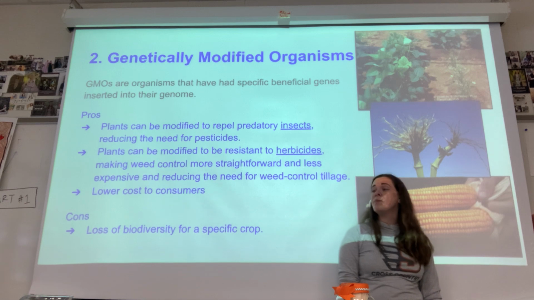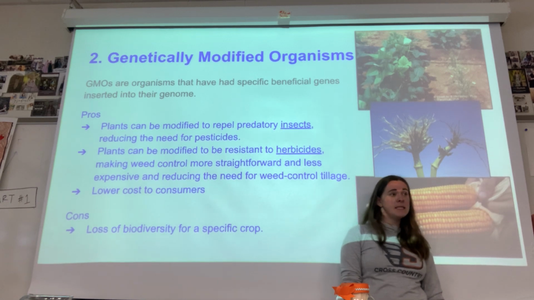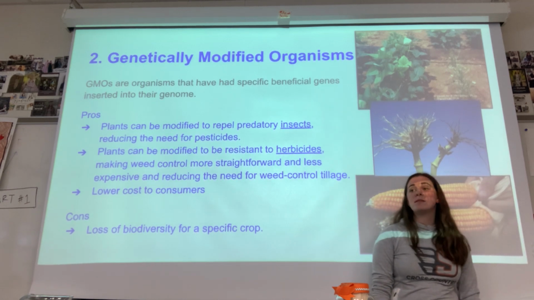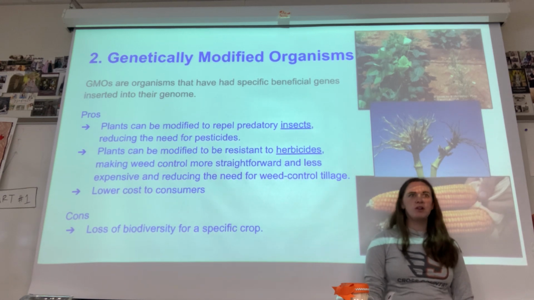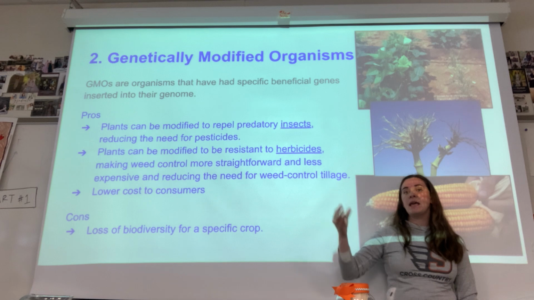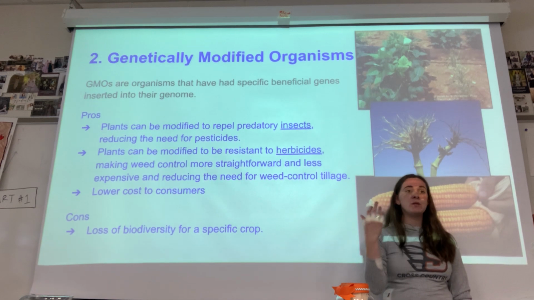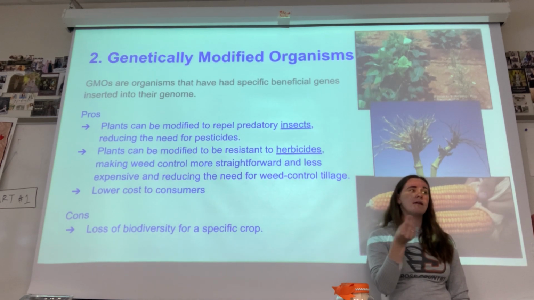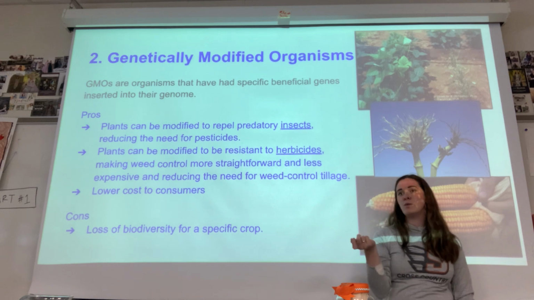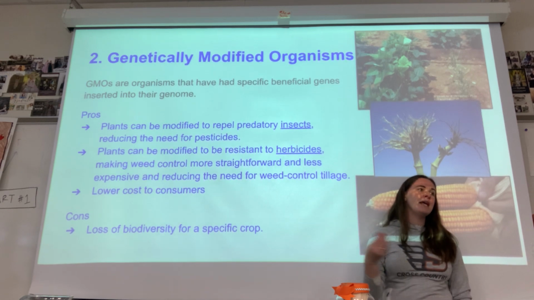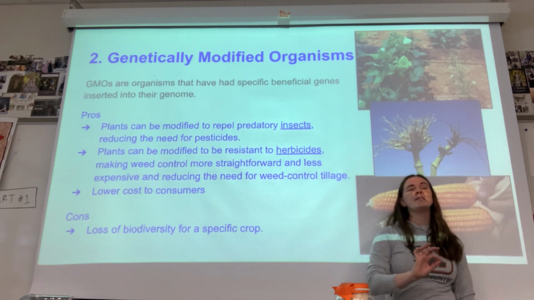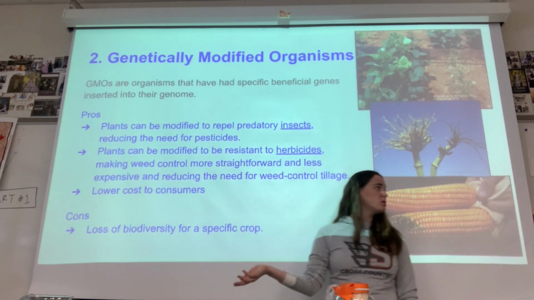So if we had a plant that bugs didn't like the taste of, or that produced a smell that drove insects away, like if you're ever planting a backyard garden, sometimes they'll plant mint or different herbs around other plants because the aroma or the natural oils produced by those herbs will repel insects. And so they'll take those characteristics and put them in the genes of other plants to naturally repel insects, which is pretty cool.